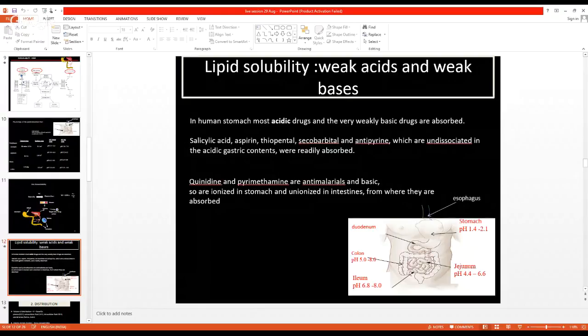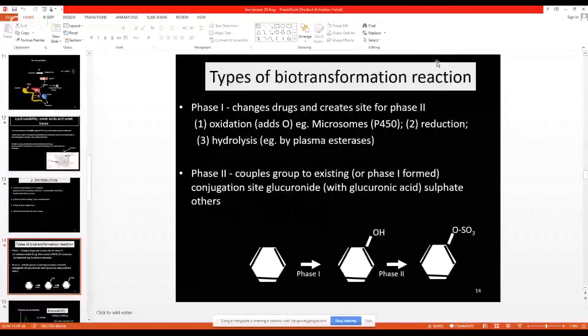Then there is a lot of biotransformation taking place in the liver and in other parts of the body, such as plasma and so on. Like I mentioned, there is a phase 1 transformation and a phase 2 transformation. Simple hydroxyl groups are put on, or oxidation or reduction takes place, in phase 1.